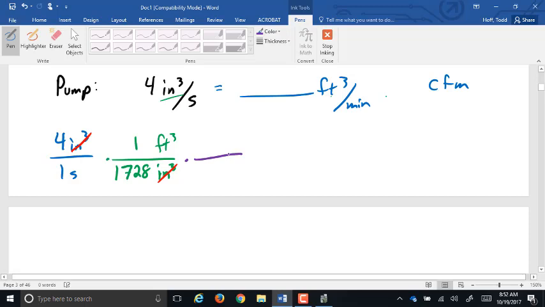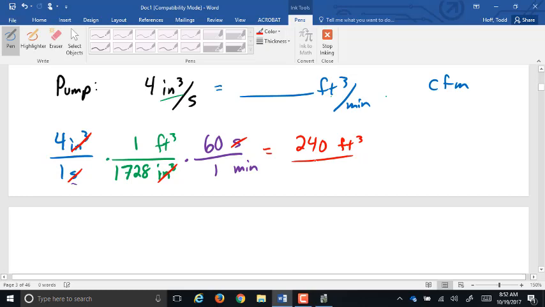Are we changing the seconds? Yes. Where's it going to go in our conversion factor? On top, because they're on bottom now. And we're changing them to minutes. 1 minute is 60 seconds. Seconds cancel out. So 4 times 1 cubic foot times 60 is 240 cubic feet.